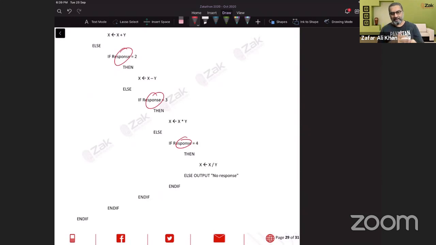Like mod returns a value, div returns a value, integer returns a value, log returns a value. And there are subroutines which do not return a value. Procedures are subroutines which do not return a value. And functions are subroutines which do return a value. Combinedly placed at one place, they are called library routines.